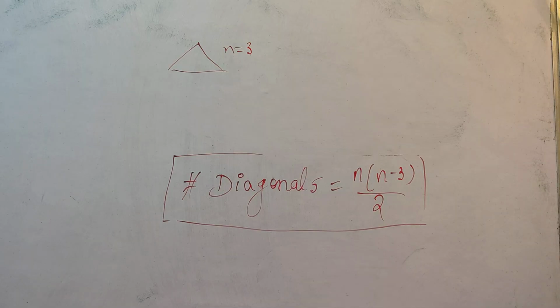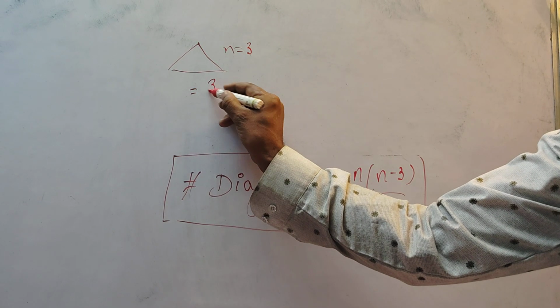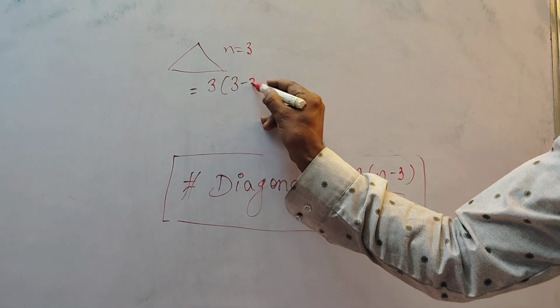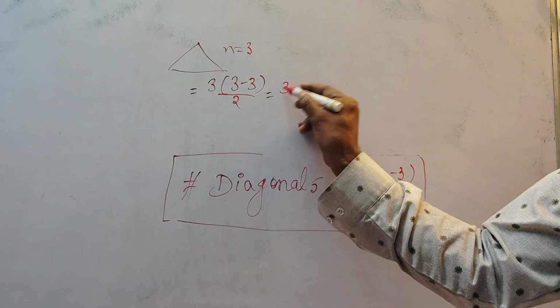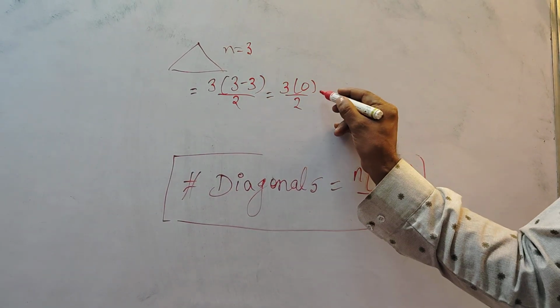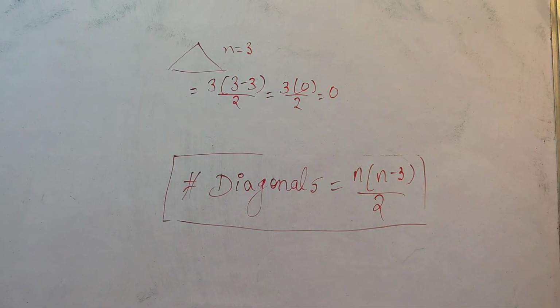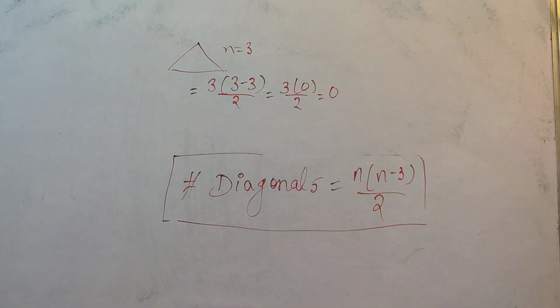So the number of diagonals is 3 times (3 minus 3) over 2. We solve the bracket first: 3 minus 3 is 0. 3 times 0 gives 0, and 0 over 2 is also 0. So the number of diagonals in a triangle is 0, and this is correct.